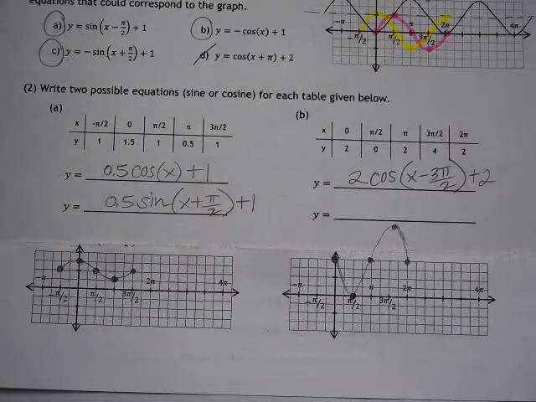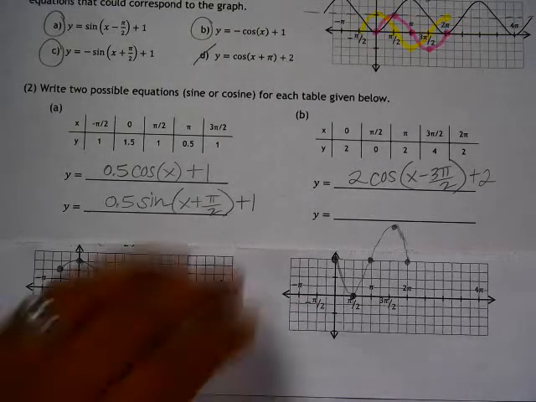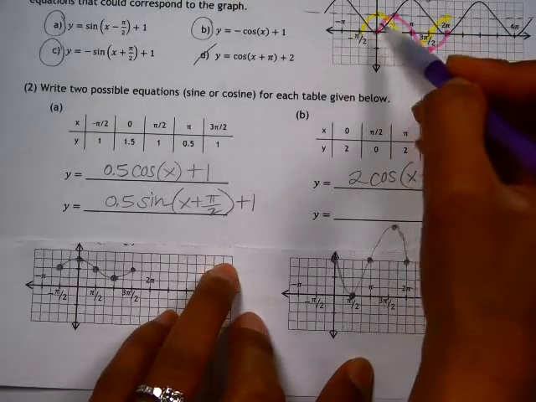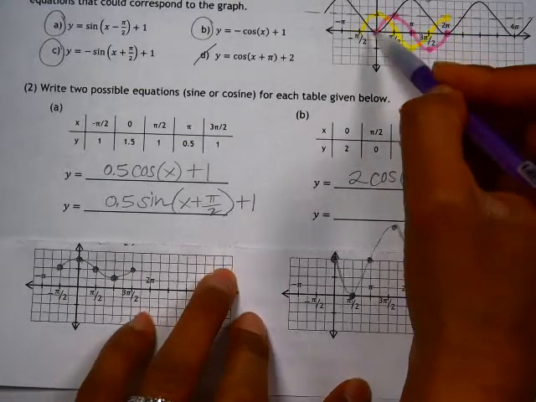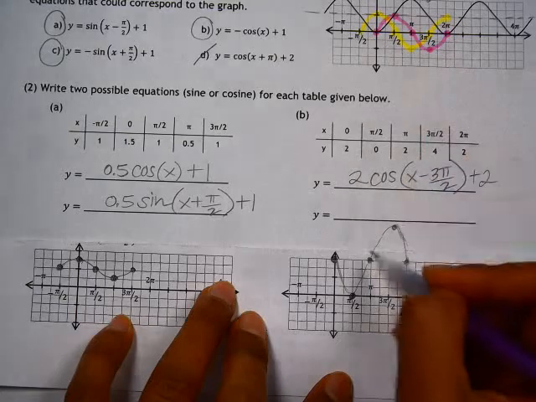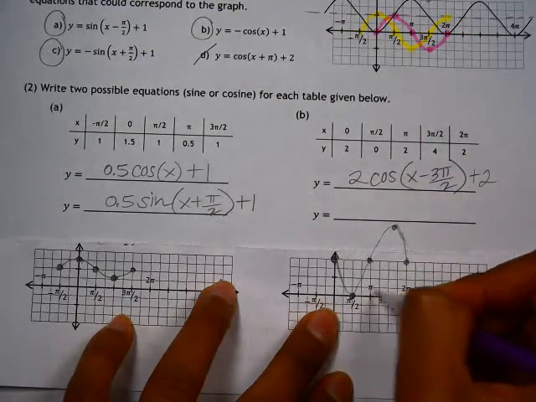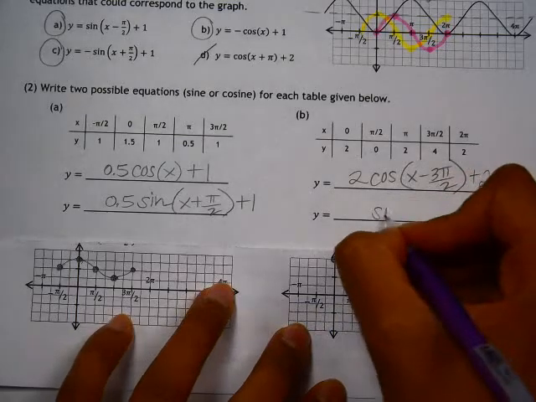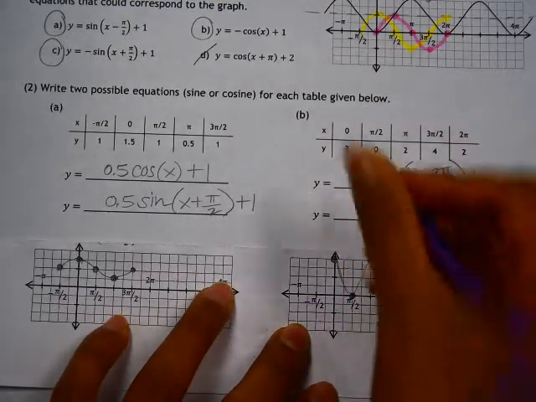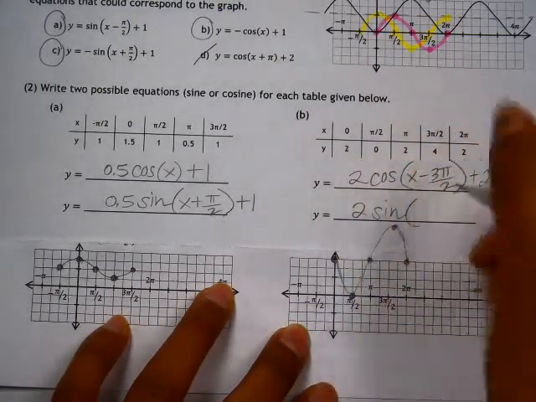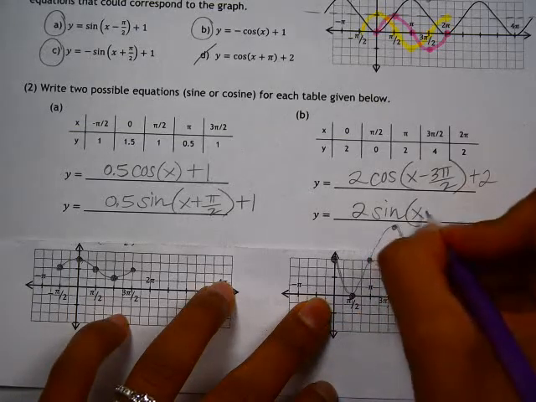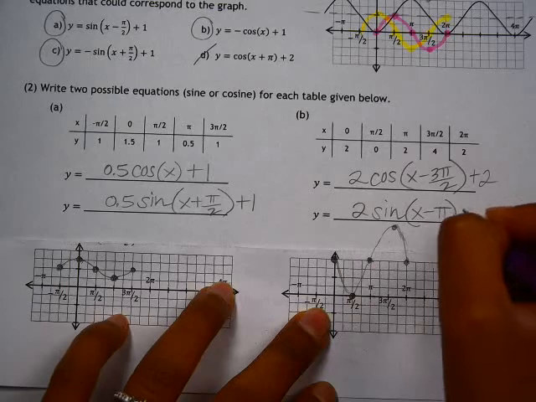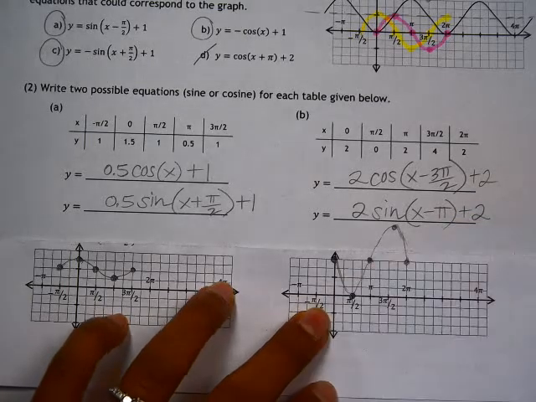If we look at the same graph and think of it as a sine graph, this part of the sine wave has been shifted to here. So right by pi and up by 2. And the amplitude has doubled again. So 2 sine of x minus pi would give us right by pi units and up by 2 in the y direction.